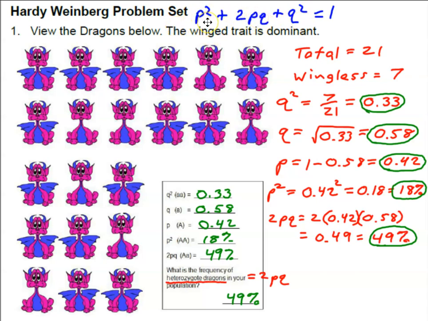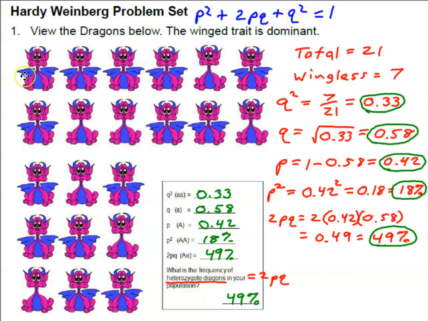Both the p squared, the homozygous dominant individuals, and the 2pq, the heterozygous individuals, show the dominant trait. So you can't tell by looking at them whether they are homozygous dominant or heterozygous. The only ones that you know are homozygous recessive are the ones that show the recessive trait.